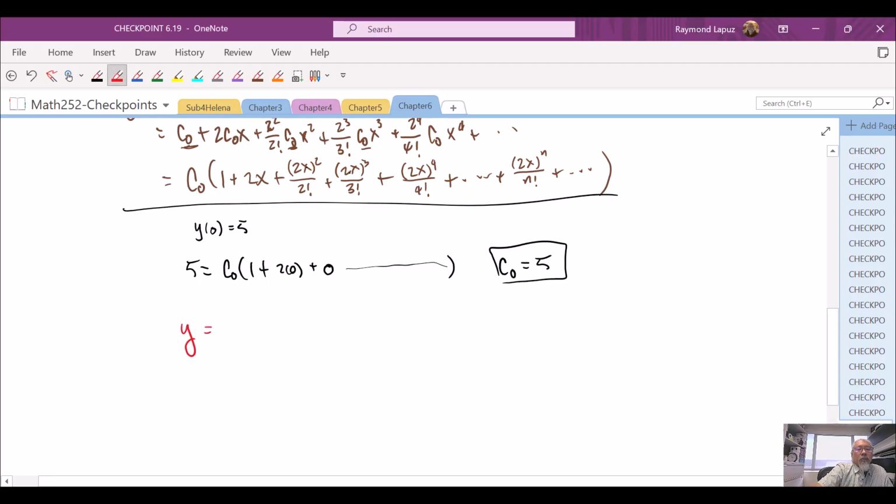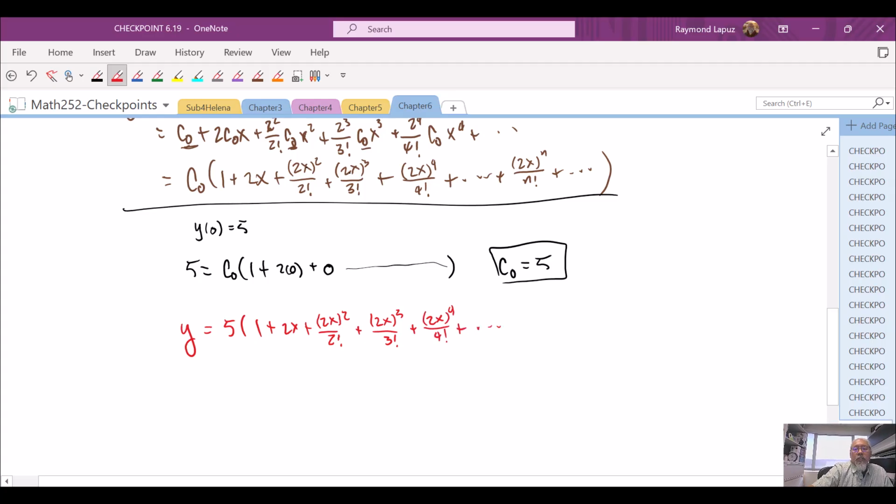All right, so then your final solution, y is equal to 5 times 1 plus 2x plus 2x squared over 2 factorial. Oops, the x is already in there. Sorry. Plus 2x to the 3rd over 3 factorial plus 2x to the 4th over 4 factorial.